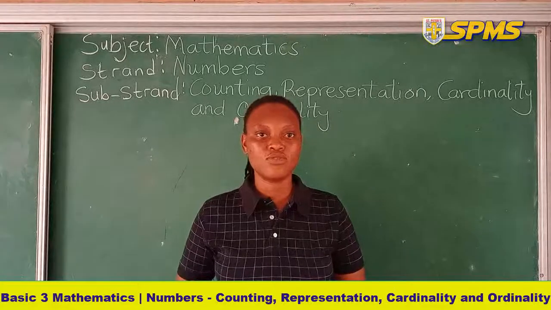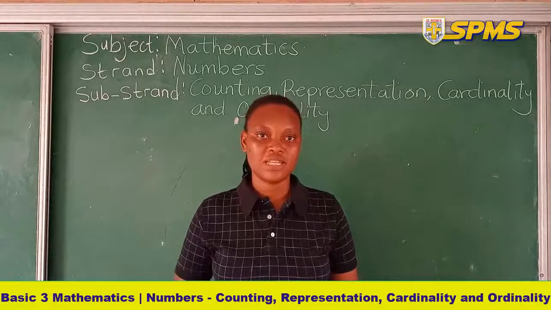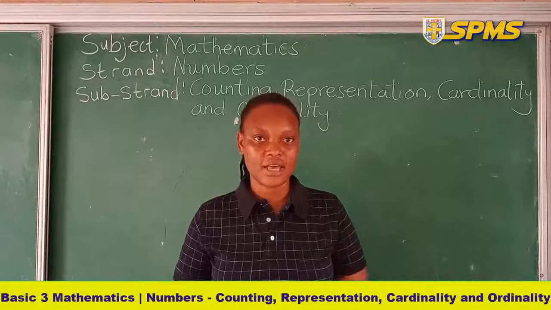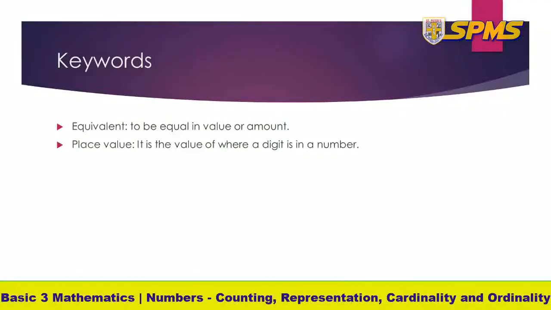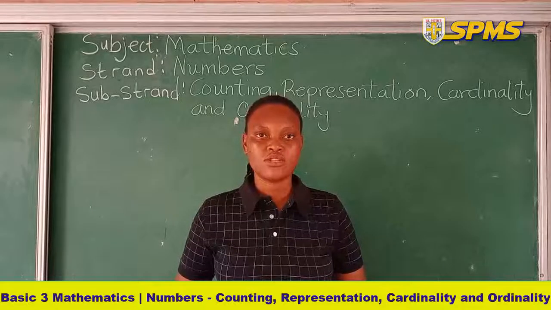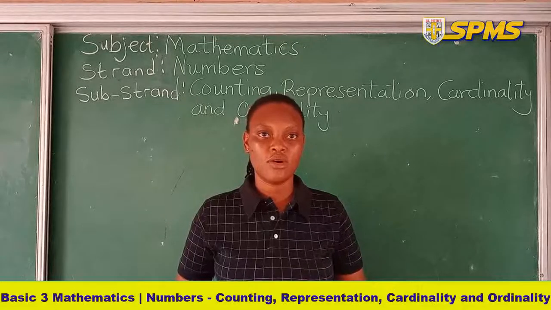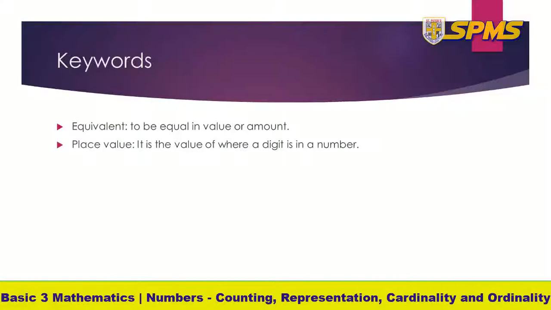Now let us move on to our keywords to understand the lesson better. We have two keywords. We have equivalent and then place value. Let us look at the meaning of each word.